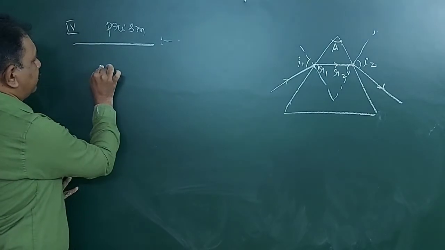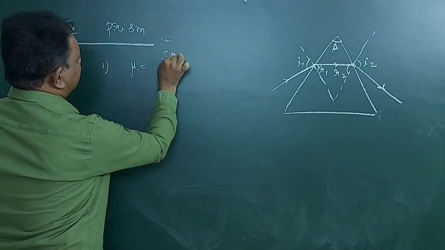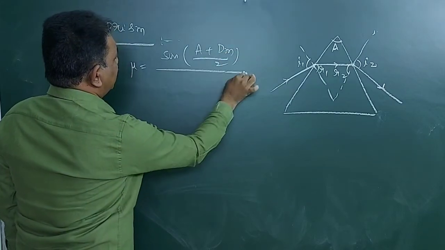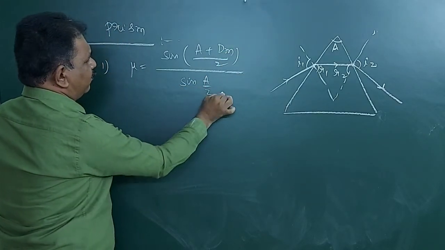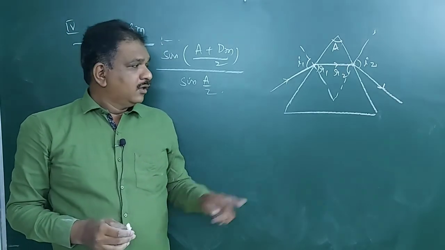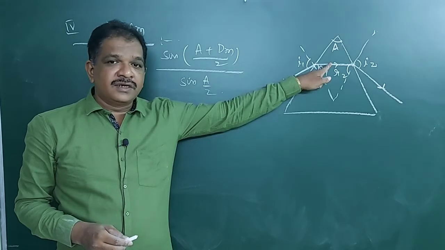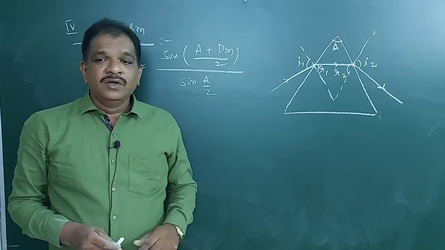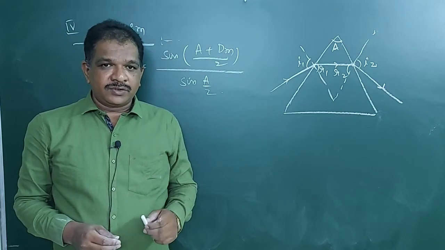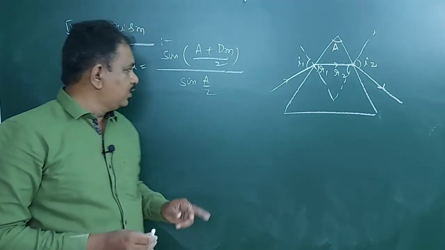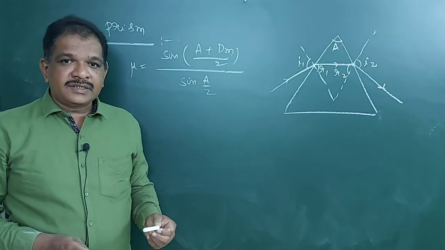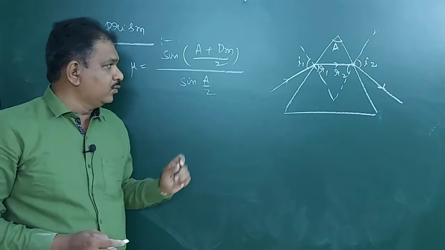Refractive index of the prism, mu is equal to sine of (A plus dm) by 2 by sine A by 2, when the prism is in the minimum deviation position. Minimum deviation position means the refracted ray is parallel to the base of the prism. In minimum deviation position, mu is equal to sine of (A plus dm) by 2 by sine A by 2. This formula we will use.